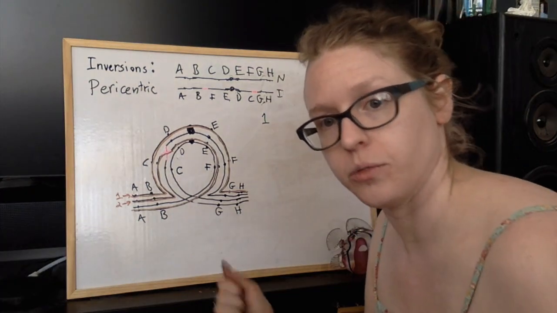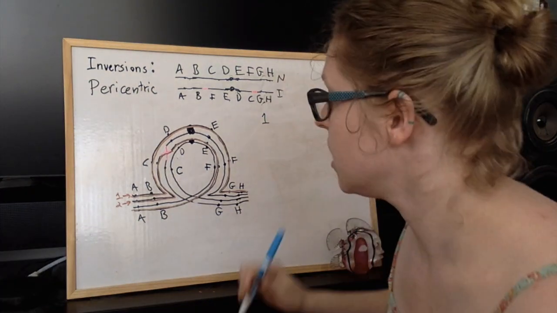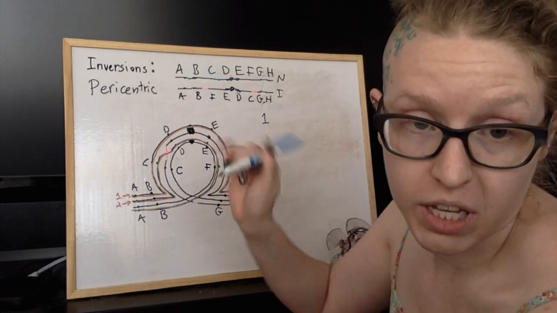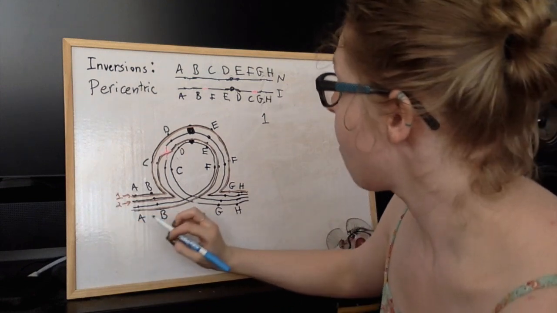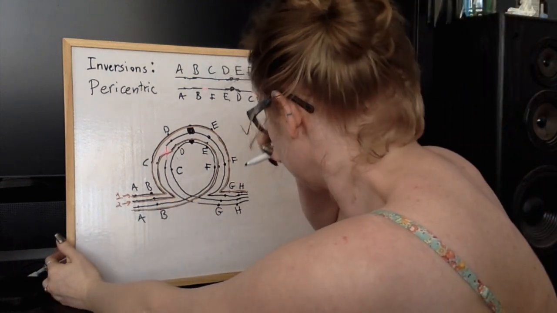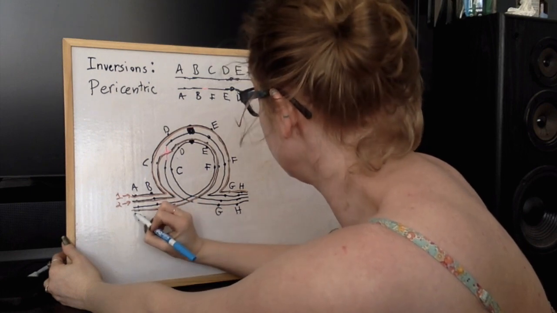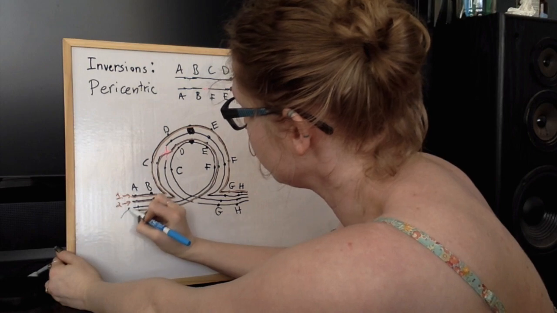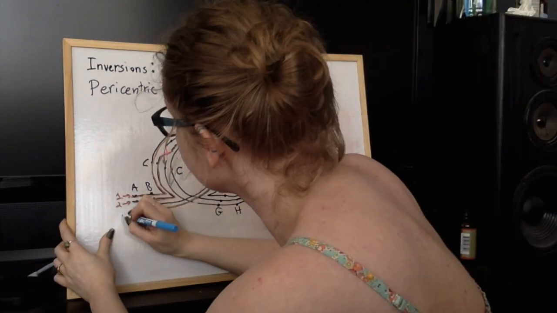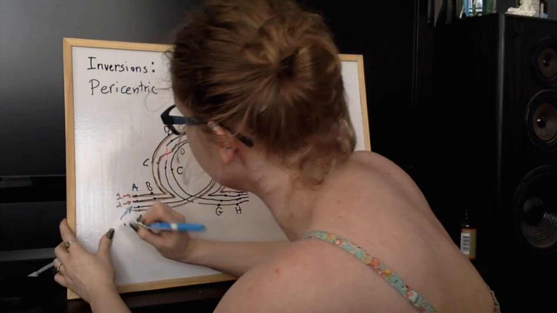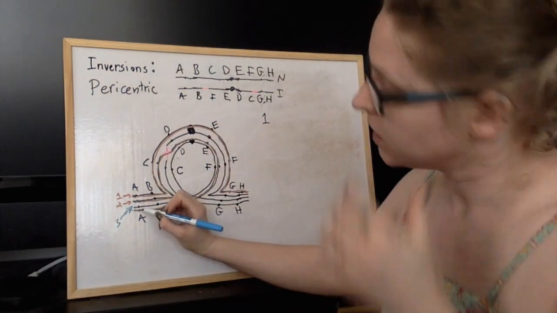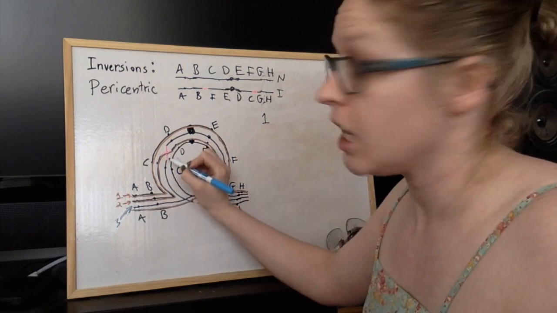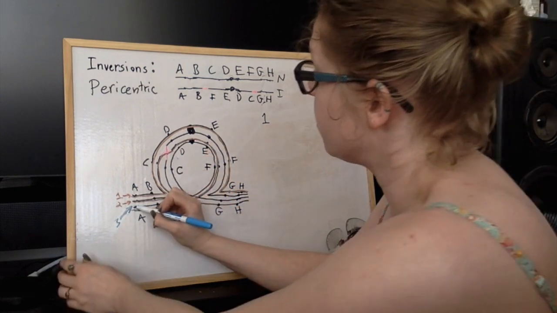I'm going to change colors for the gametes that are from the inverted chromosome. For number 3, this is the inverted chromosome. It's the one that did not interface with the crossover.